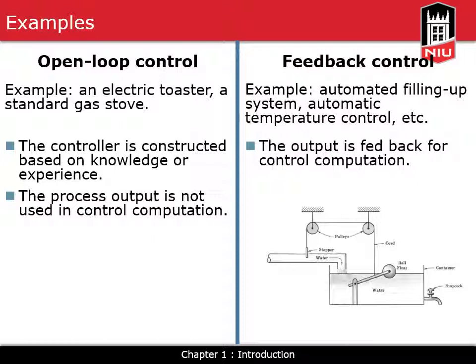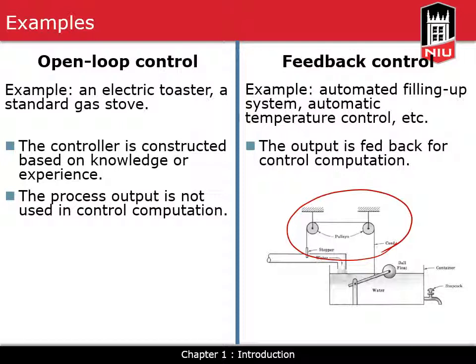You can see that there is a water tank. This water tank has a ball float, and if we want to keep the level of the water inside the tank at a particular value, basically the level of the water would be our variable to control. We can do that through this feedback over here.